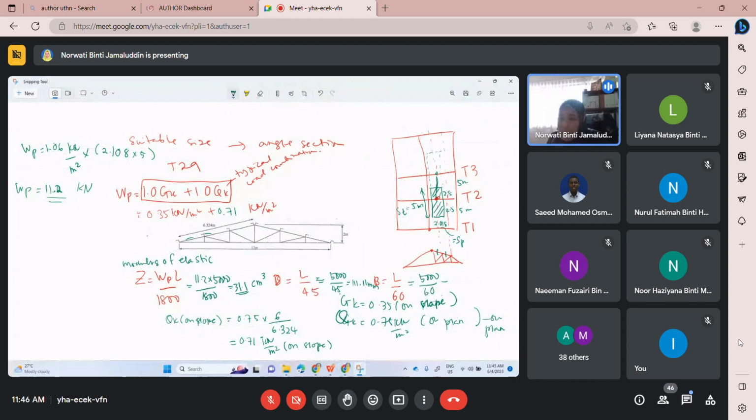What is the purpose of set rod? Okay, we put set rod because we want to reduce the deflection of that member.